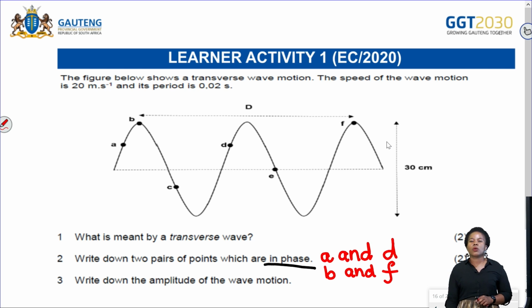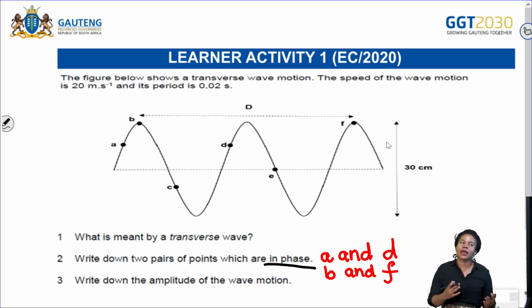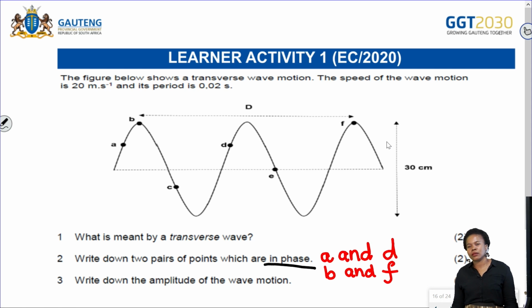Okay, so write down the amplitude of the wave in motion. First, before you are able to answer that question, you should understand what an amplitude is. Amplitude is the maximum displacement from the rest position. Because it's easy to come and say, oh, it is 30 centimeters.